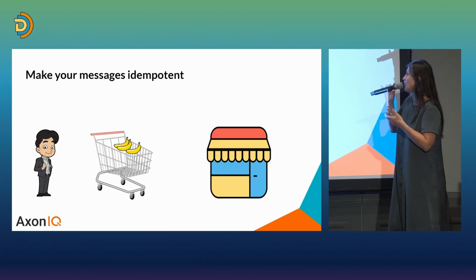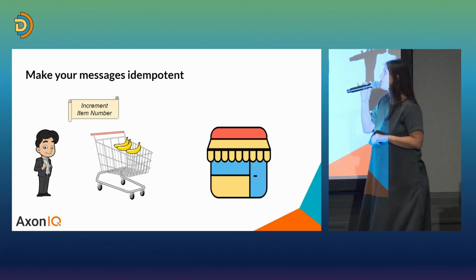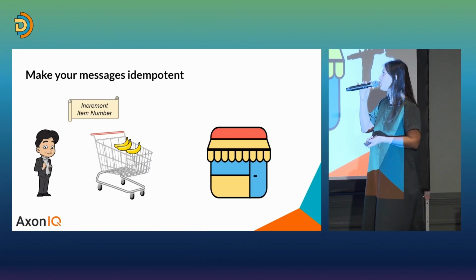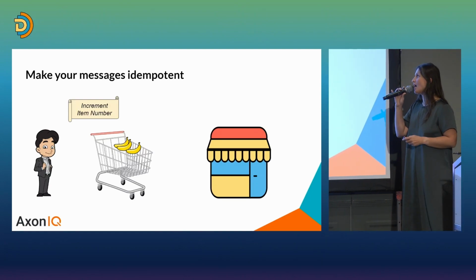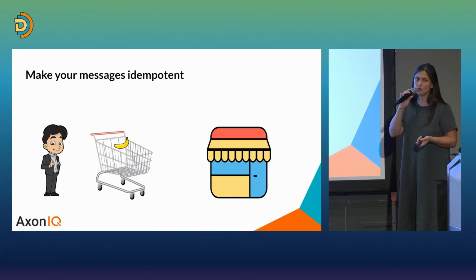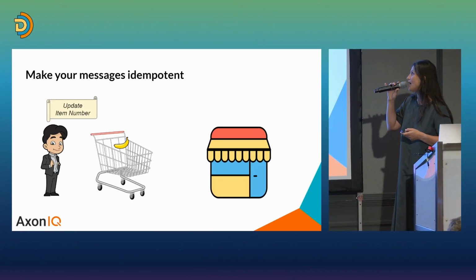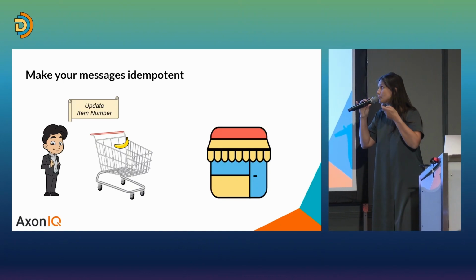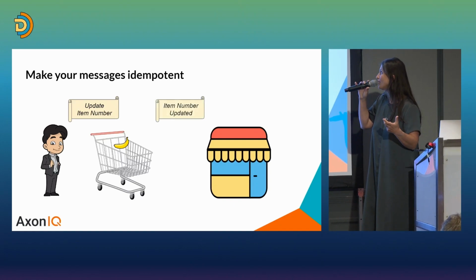And the reason is that increment item number is not executed in an idempotent way. So how can we solve the same problem using an idempotent command? What we can do is change the semantics of the command a little and use an update item number command. In this way, the first time it is executed, the number of bananas goes from 1 to 2.